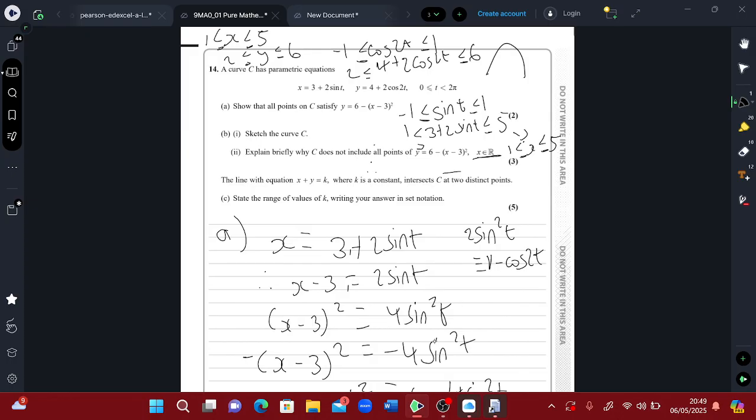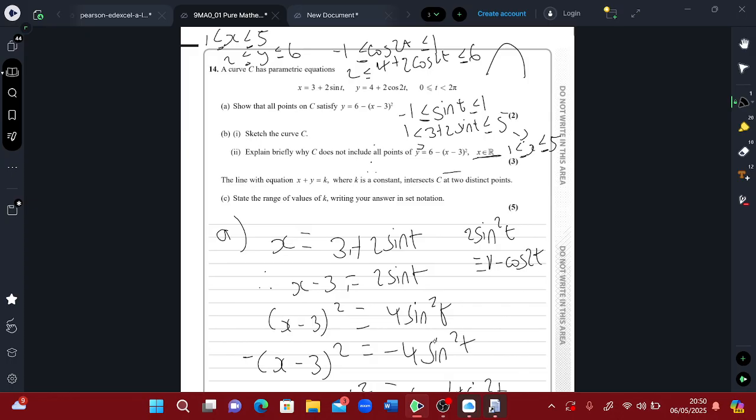What you might be tempted to do is substitute and use the discriminant, like we did earlier in the paper. Say y is k minus x, substitute y into this equation, then do the discriminant and set it to be above zero because it's two distinct points.